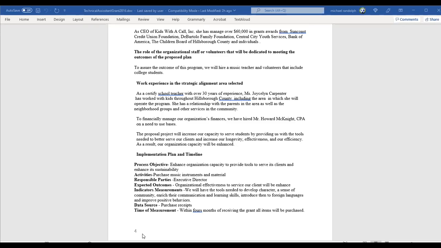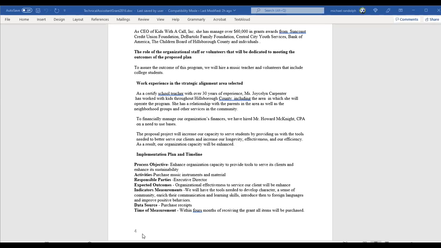No, read about what is the project objective. Oh, okay. Enhance organization capacity to provide tools to serve its clients and enhance its sustainability. Good. Next. Okay, activities: purchase music, instruments, and materials. Responsible parties: executive director. Expected outcomes: organizational effectiveness to serve our clients will be enhanced.